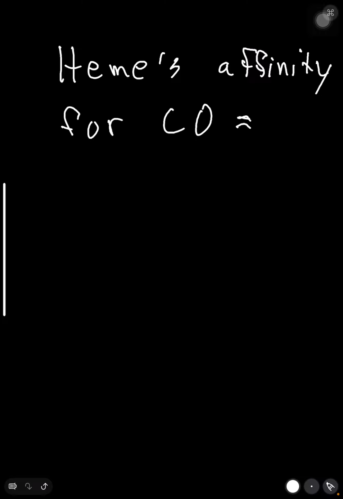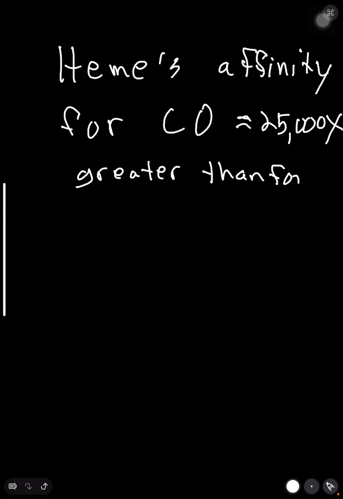Heme's affinity for carbon monoxide is about 25,000 times greater than for oxygen. So you see why it's so dangerous now. If your heme has a choice of binding to carbon monoxide or oxygen, it's going to bind to carbon monoxide, right? And so, obviously, that's bad because then your body does not get the oxygen that you need, all right?